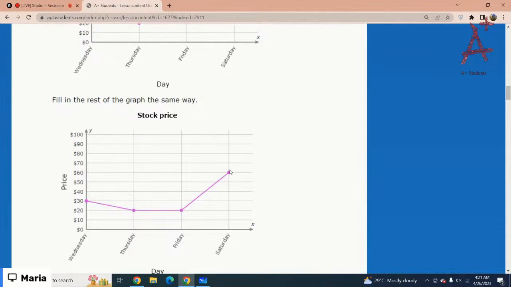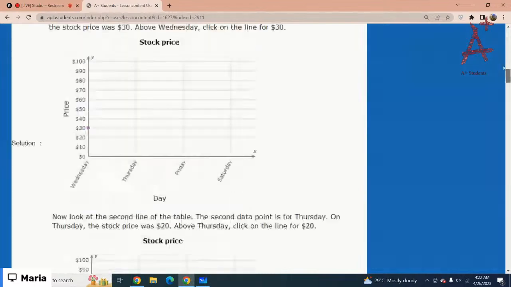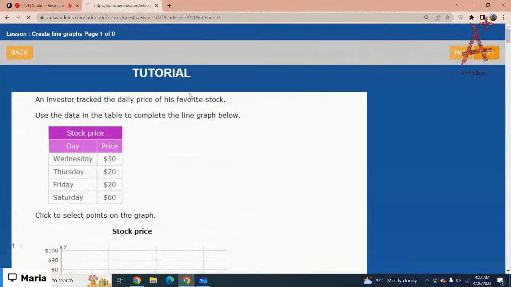Basically, that is a line graph. You need to connect all the points using a line. Got it? So that would be a line graph. You guys already know how to make these graphs and how to read data from the graphs. If you have any question related to the graphs, you can ask. I'm going to start the test questions.